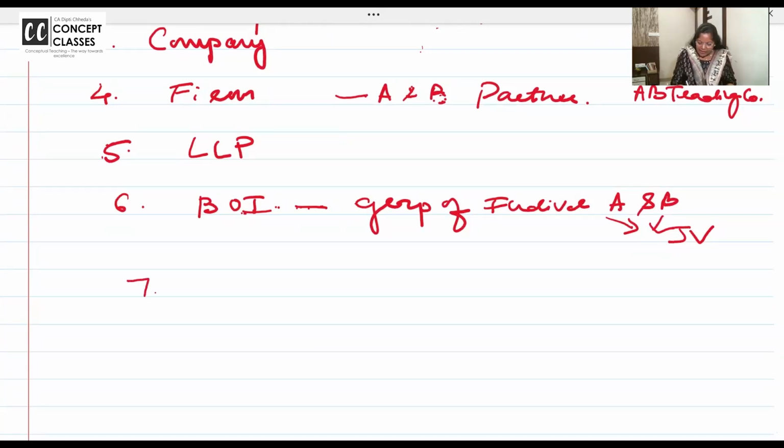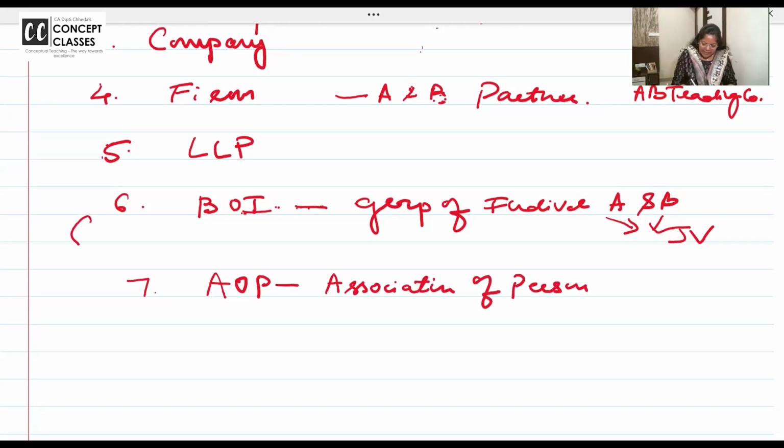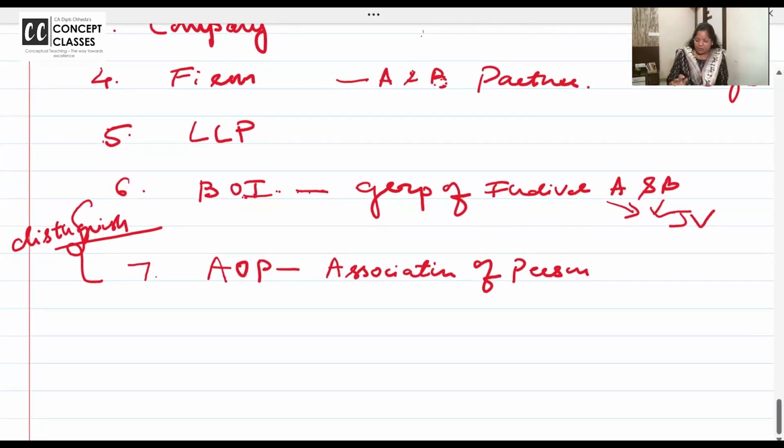Next now, AOP. What's the full form? Association of persons. Many times in the exam, they ask you a theory question. I'll explain after completing this from the material. Distinguish between BOI and AOP.